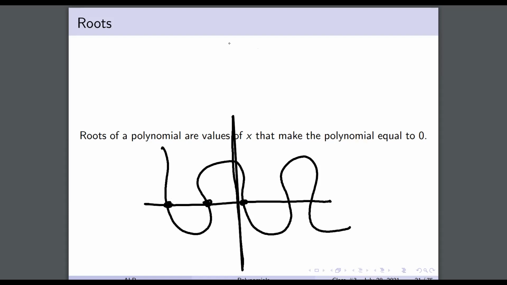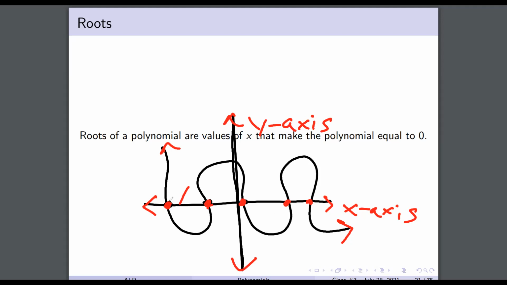Or I'll do them another color so you can see them there. This is the x-axis. This is the y-axis. And basically, each of these points will make the polynomial equal to 0. So these are what roots are.